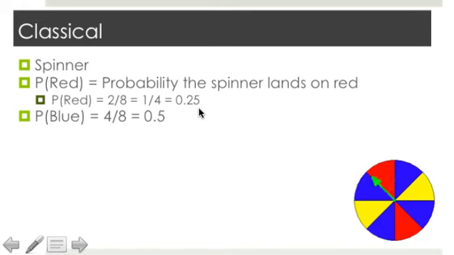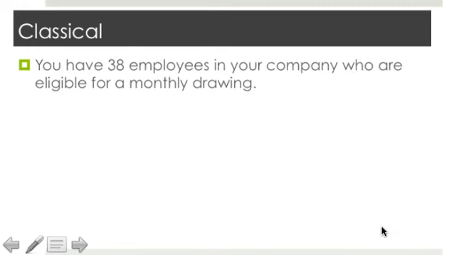So there's a 0.25 probability that if you spin this spinner, it's going to land on red. On the other hand, the probability that it lands on blue is 4 out of 8 because there are 1, 2, 3, 4 slices that are blue. This is all relatively straightforward. I think most people can follow this without too much of a problem.